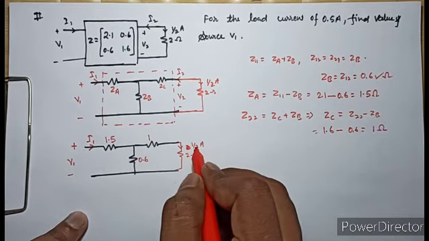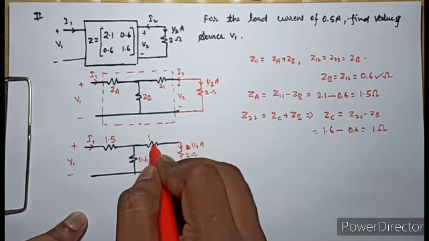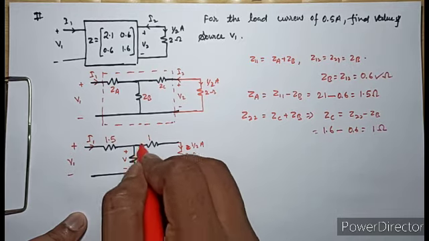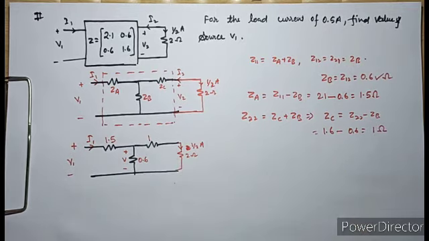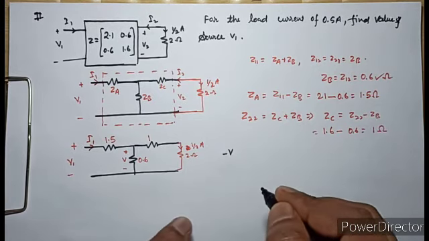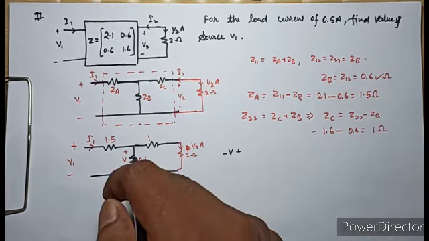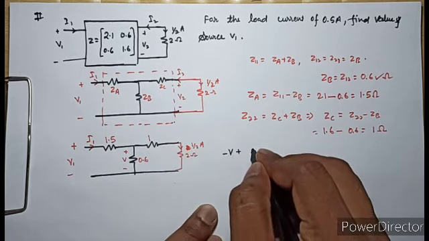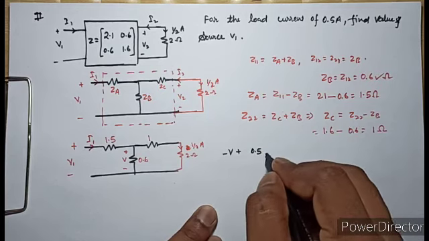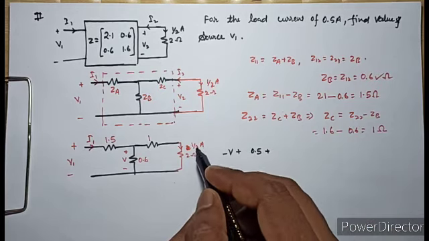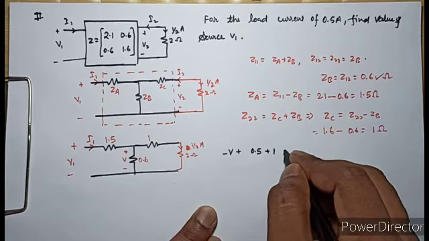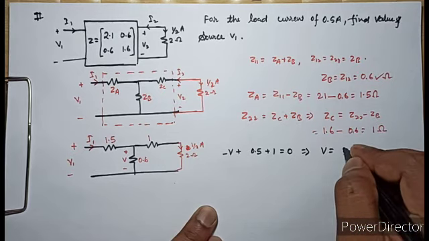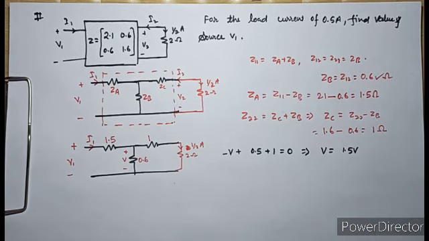Now since this is half ampere, this current will also flow through this. So if I say that this is V, writing KVL in this loop, we will have minus V plus drop across this 1 ohm multiplied by half ampere, which is 0.5, plus half ampere multiplied by 2 ohm gives 1 volt, is equal to 0. So from here our V will be 1.5 volt, isn't it?